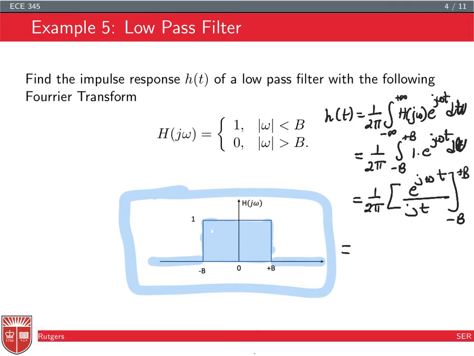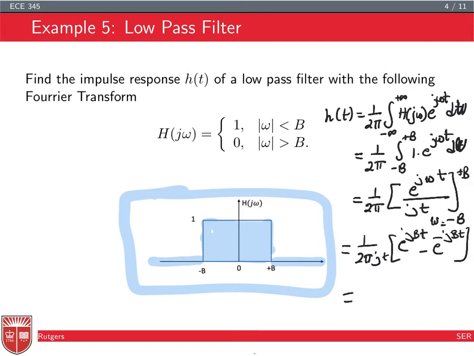So this is going to be equal to, taking the j outside, 1 over 2 pi j times e to the j bt minus e to the minus j bt, all divided by t, which is constant here, evaluated between omega equal to minus b and omega equal to plus b.